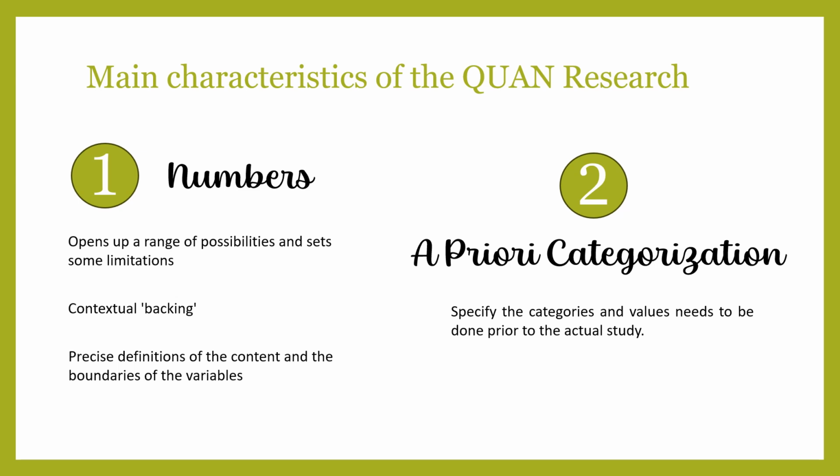Let's check what the characteristics of numbers are. First, numbers open up a range of possibilities and set some limitations. There are many things that we can measure, and all of those topics that we can measure, we can use in the quantitative research.